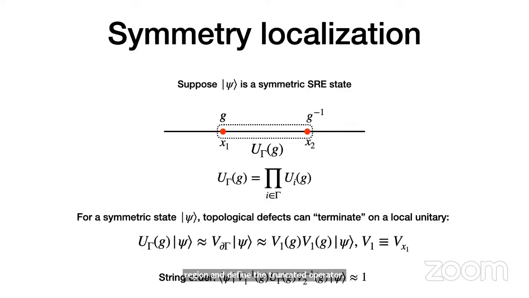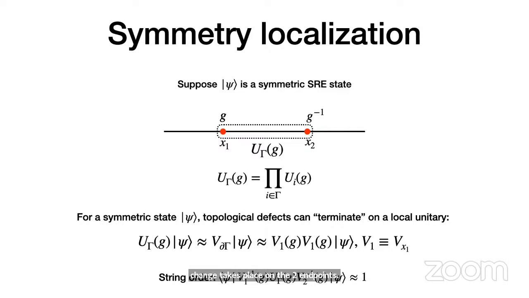Now, one can argue that by applying this truncated unitary to this chain, we create a pair of defects at the two endpoints. And the reason that it just creates a pair of defects at the endpoints is because we've assumed that the state is symmetric. So away from the two endpoints, suppose we are in the middle of the chain, then it just looks as if we are applying the symmetry to the whole state. It doesn't really know what happens far away. So inside this interval, nothing should happen, and the only change takes place at the two endpoints.